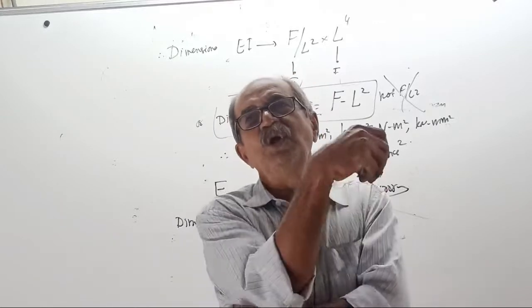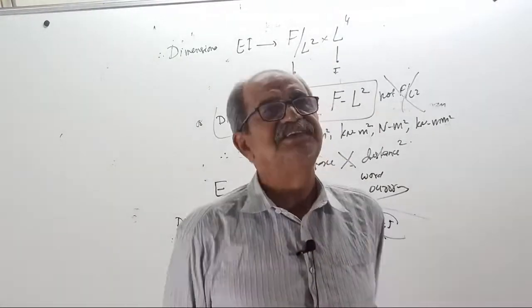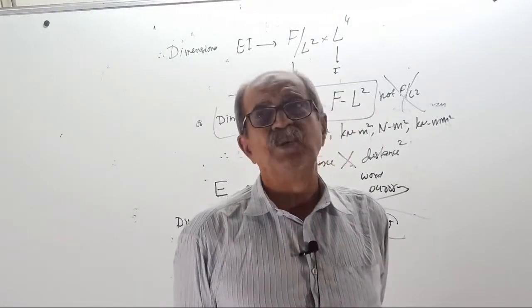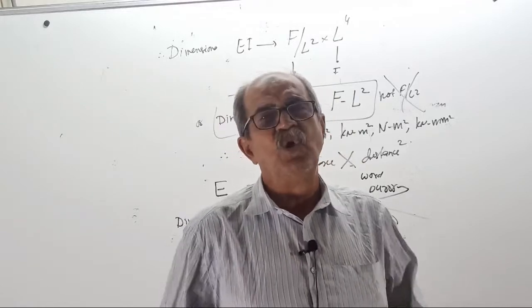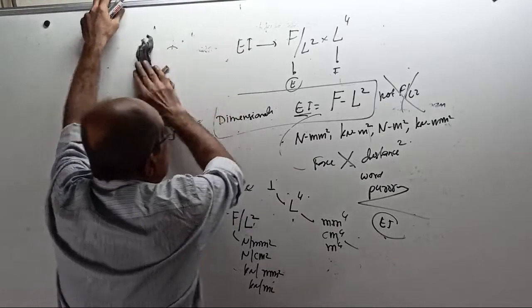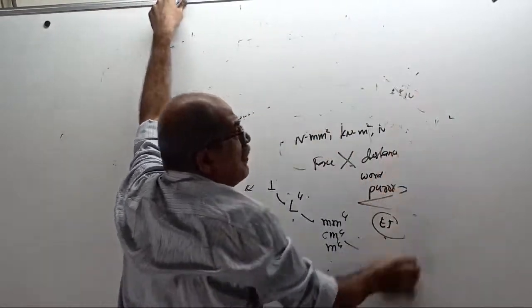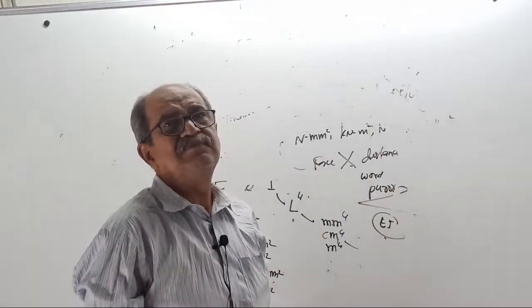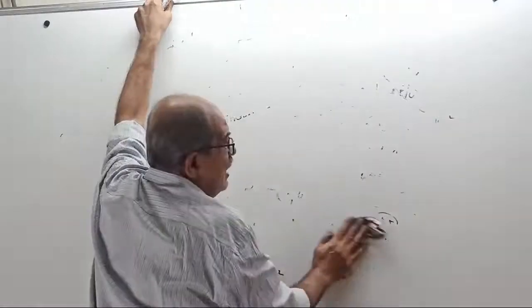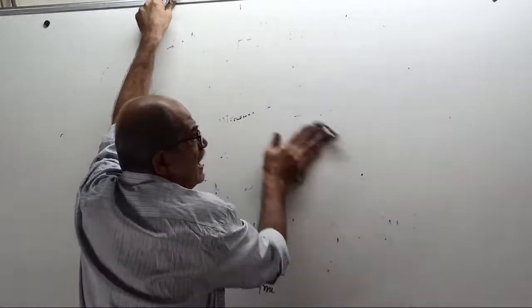I don't know how much basic knowledge he is having. Sometime I have seen an MTech paper with moment given in kilonewton per meter. Some will tell, hey, it is a print mistake. I will tell, no, print mistake is okay.